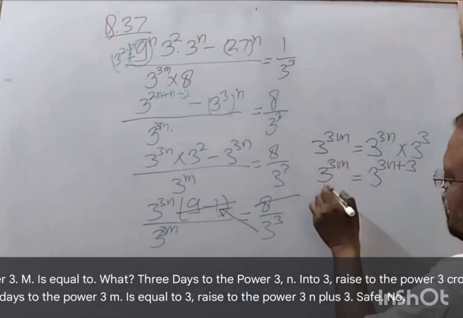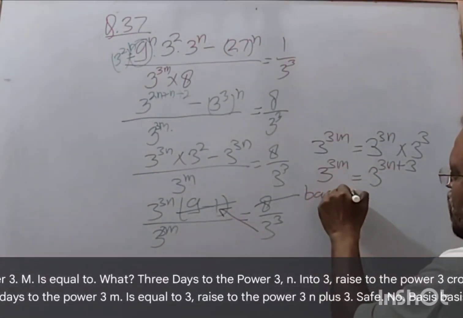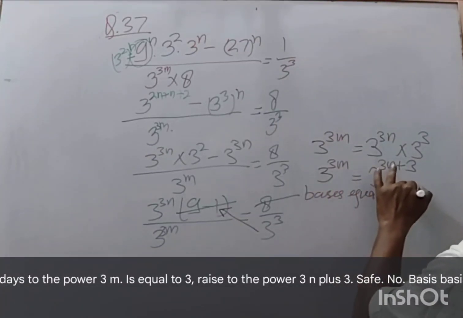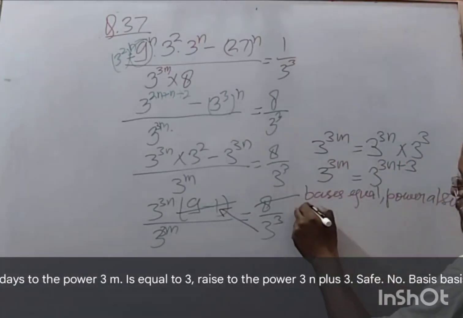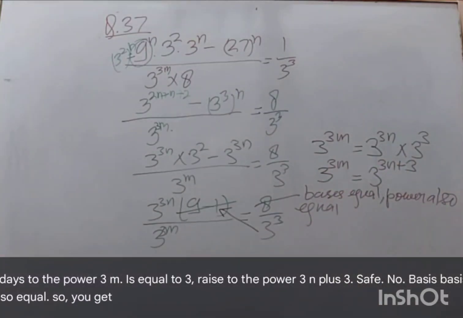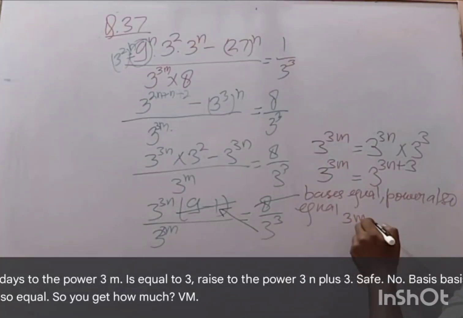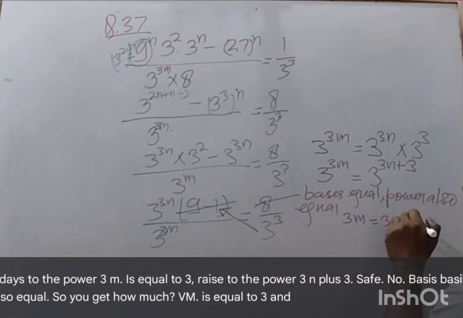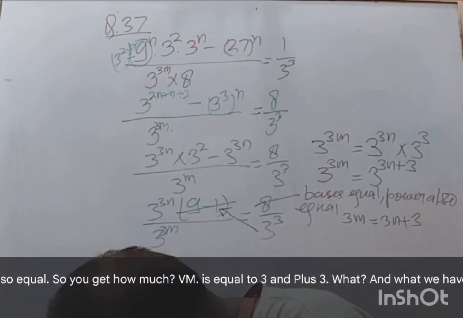Now, bases equal, powers also equal. So you get how much? 3m is equal to 3n plus 3. What we have to do here?